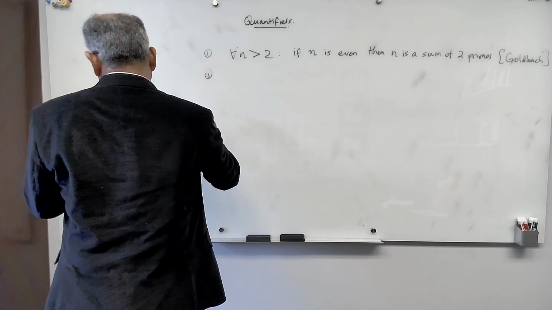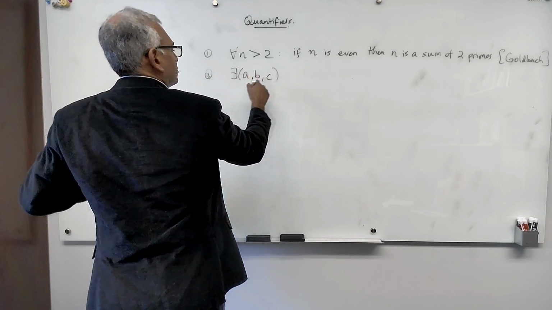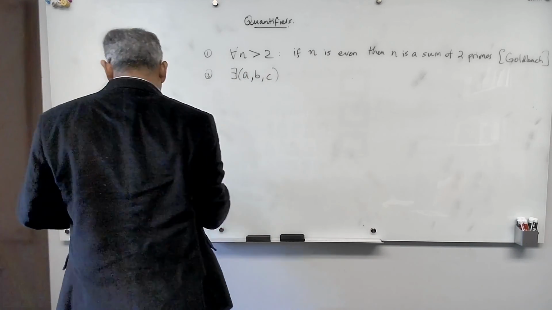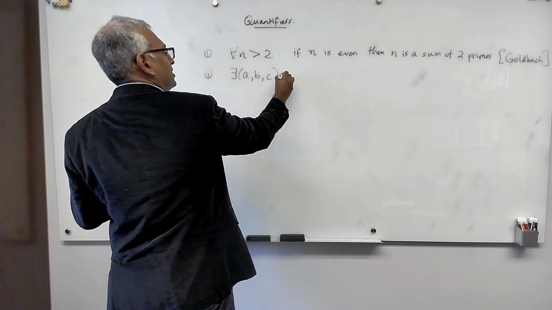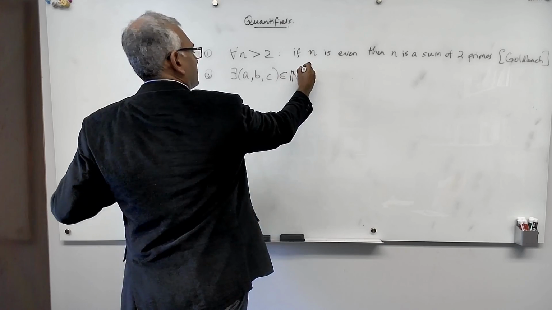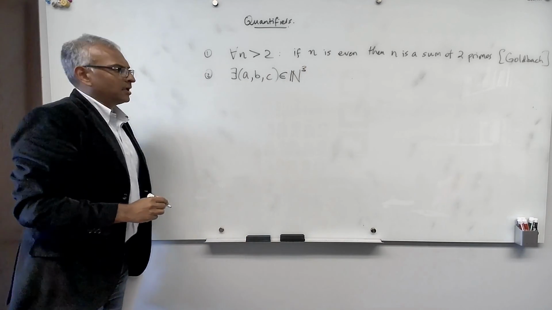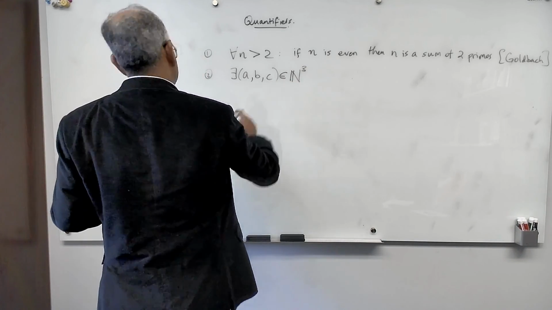Okay, 2. There exists A, B, and C. So a triple of numbers, A, B, and C. So I'm writing that this way. There exists a triple of numbers A, B, and C such that, so we could say that are in n. To indicate a triple, we would say n cubed. So there exists a triple of numbers A, B, C that's in the set n cubed.